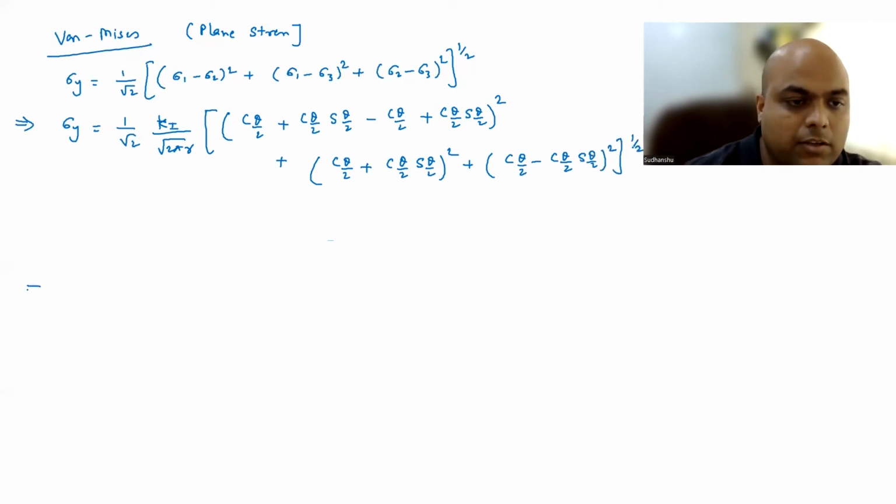Okay, we solve further. It is going to be 1 by root 2, K1 by root 2 pi r.